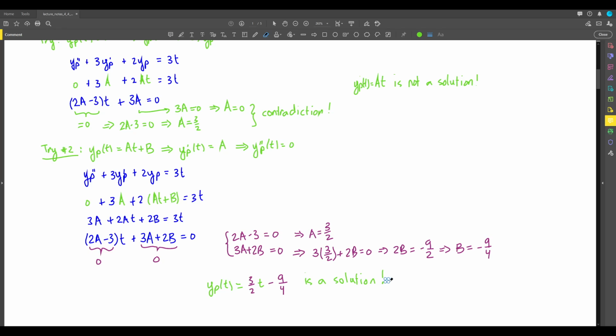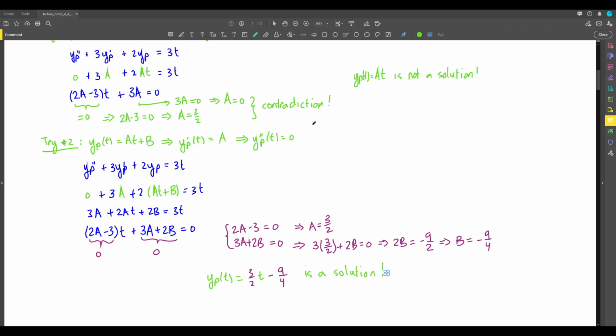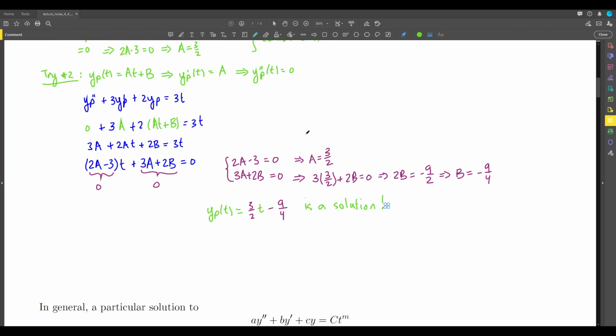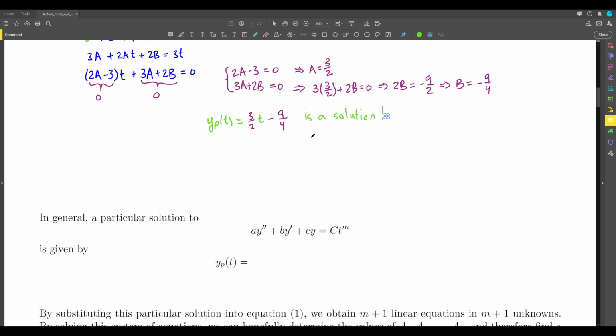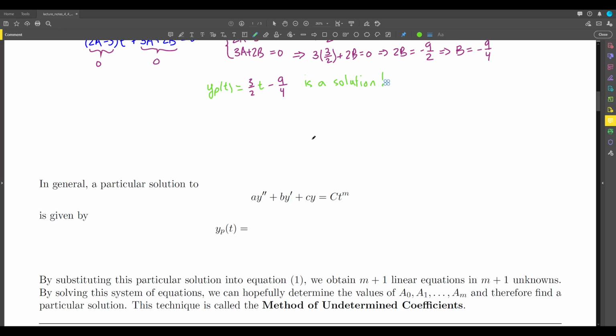So now the question is, can we generalize what we just did? And the answer is yes. We'll have to look at a couple of special cases.